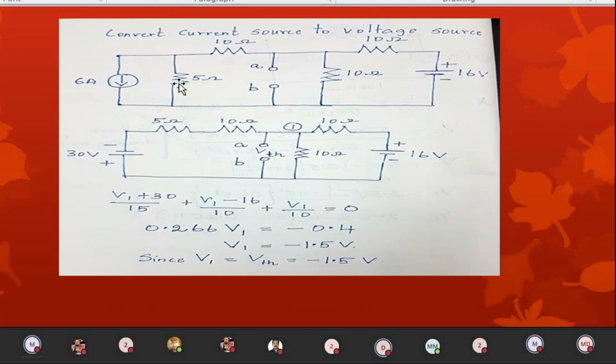Again, be careful students, when converting the current source to voltage source, the sign notation is very important, right? The tail of the arrow always indicates minus and the head of the arrow always indicates plus. So based on that only, I have made the source transformation. Okay, so this completes the problem and V Thevenin is equal to minus 1.5 volts.